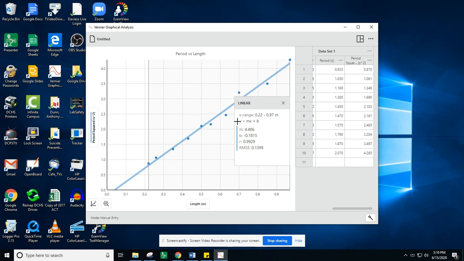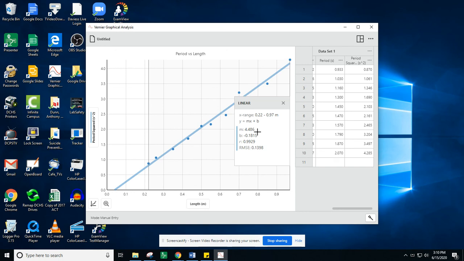So if we plug into this equation, T squared for y, because period squared, the symbol we use for period is capital T. So we have T squared equals 4.49 seconds squared per meter times L, and then we would just ignore the y-intercept because it's practically 0.